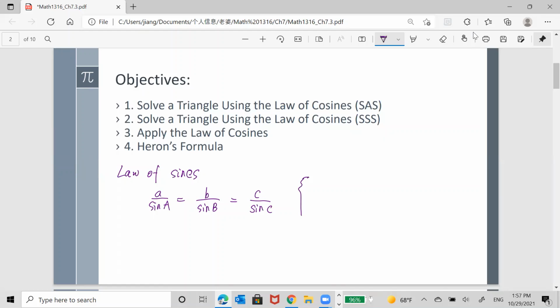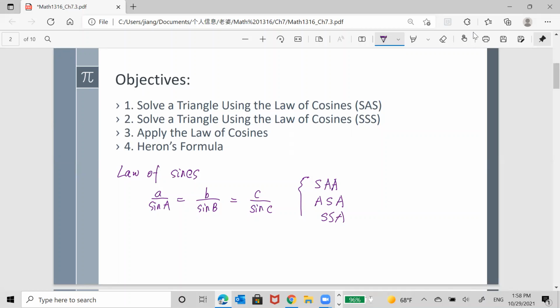The first case is SAA, that means one side and two angles, or ASA, one angle and then the side between another angle. And another one is SSA. This is the ambiguous case, so we need to pay more attention to this one.